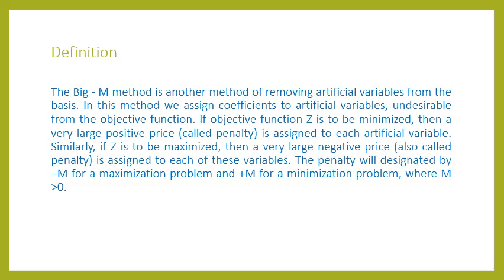Now, the givens are: the Big M method is a form of the simplex method, but it is mostly used for solving the problem of minimization, although it can also be used to solve the problem of maximization.